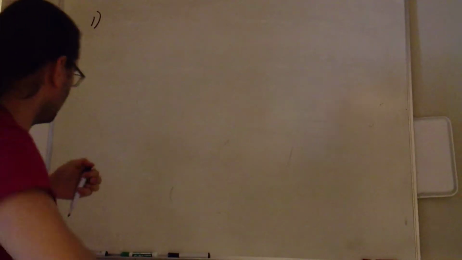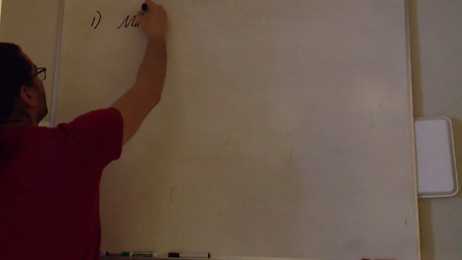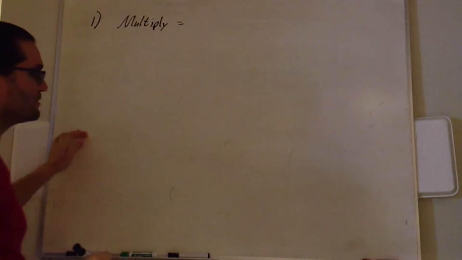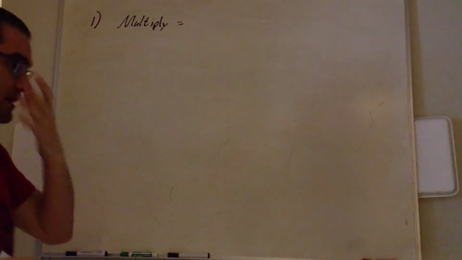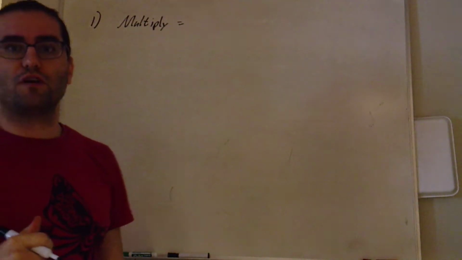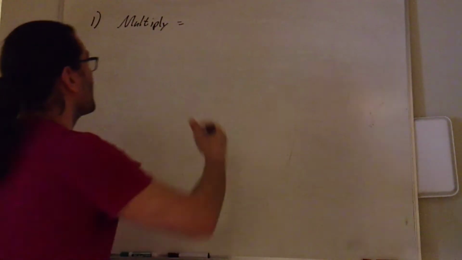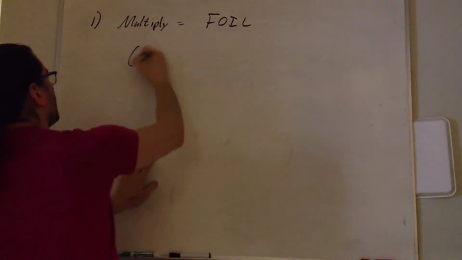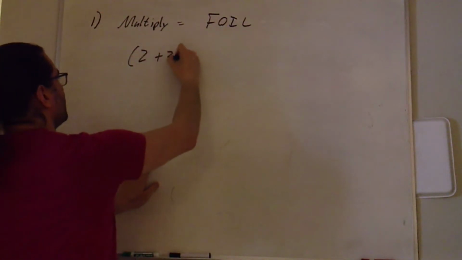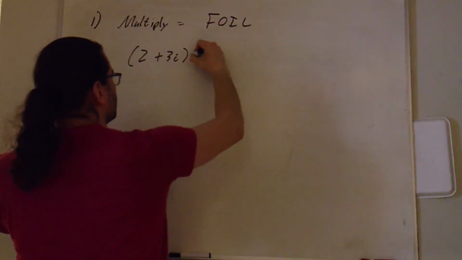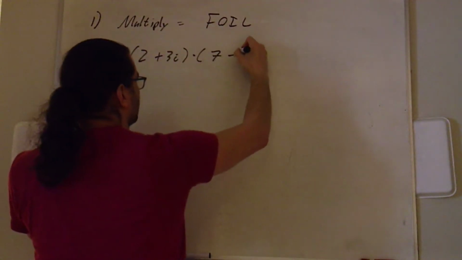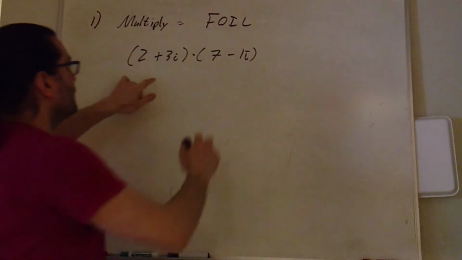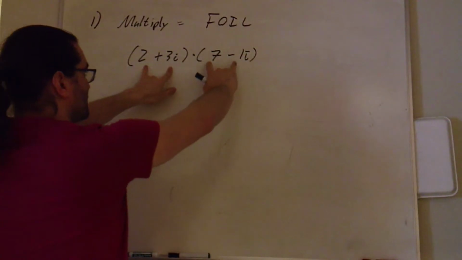Next up, we're going to multiply them. Multiplying these things is pretty much always going to involve FOIL. So if you have something like 2 plus 3i times 7 minus 1i, we'll say, this is a binomial, this is a binomial.